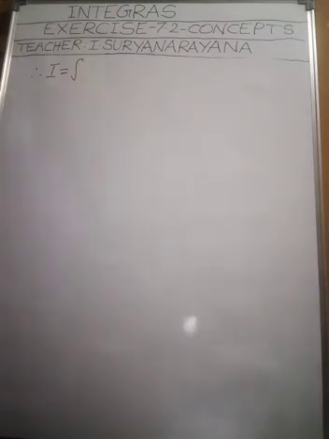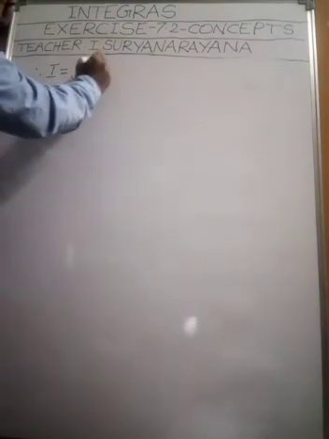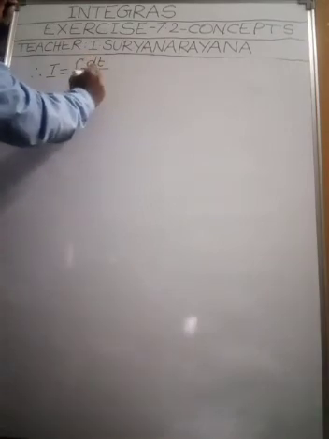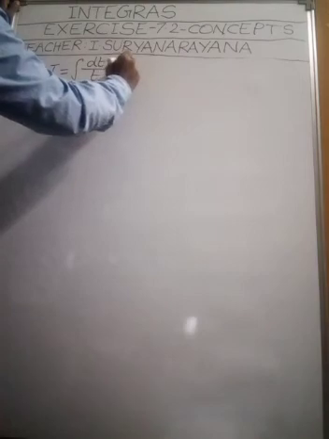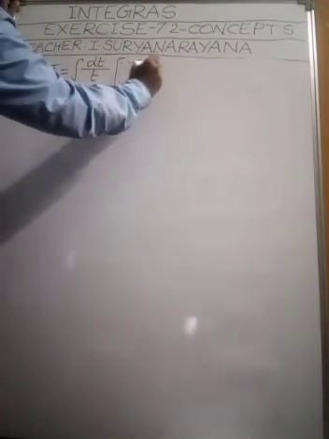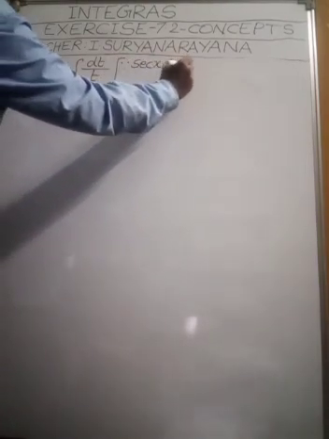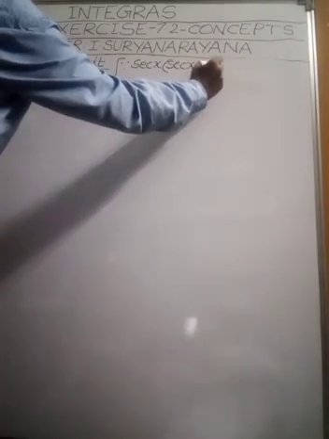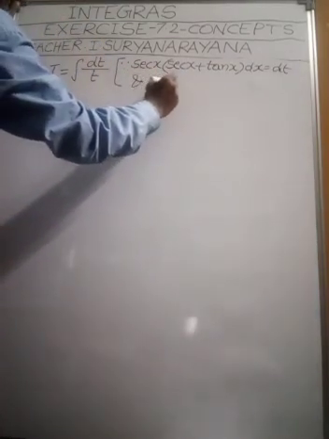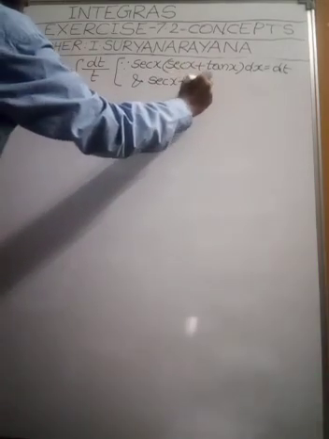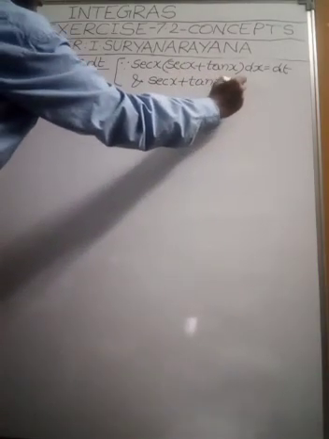So we substitute dt, and in the denominator secant x plus tan x is there, so secant x into secant x plus tan x dx is equal to dt, and secant x plus tan x is equal to t in the denominator.